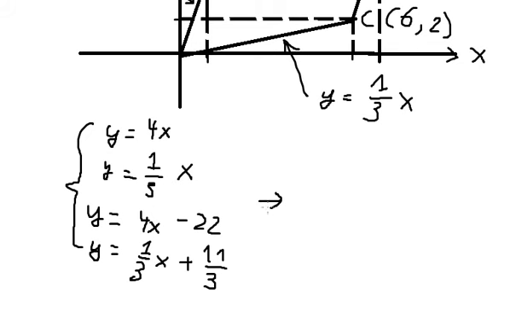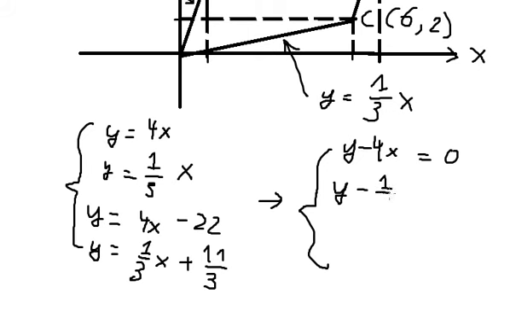So we put 4x to the left, 1 over 3x to the left, similarly for this one and this one. So we have y minus 4x equal to 0, y minus 1 over 3x equals 0, y minus 4x equals negative 22, and the last one.